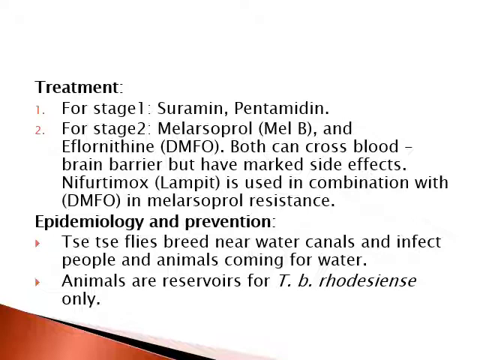Both can cross the blood-brain barrier and have marked side effects. Nifurtimox, which is a new drug, is used in combination with DFMO in melarsoprol-resistant patients, and it can also lessen the side effects of eflornithine.